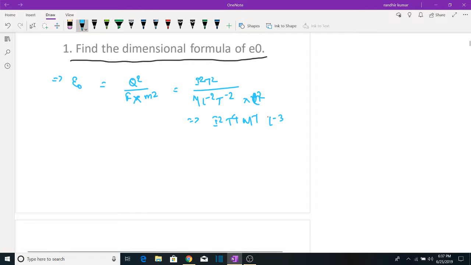So the answer: epsilon naught is equal to I square t to the power 4 m to the power minus 1 L to the power minus 3, the dimensional formula of epsilon naught. Clear?